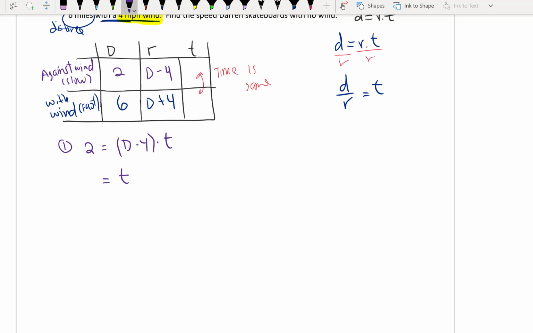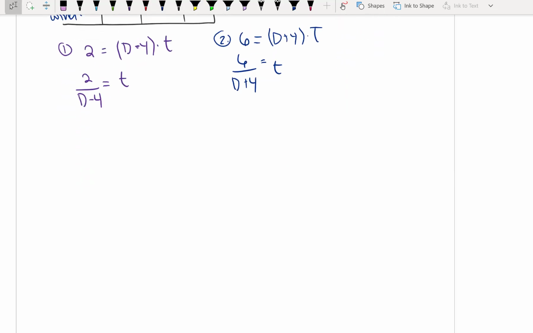So to get time by itself, I'm going to have 2 divided by d minus 4. Now, in that second equation, my distance is equal to d plus 4 times my time. So I'm going to have 6 divided by d plus 4 is equal to my time.